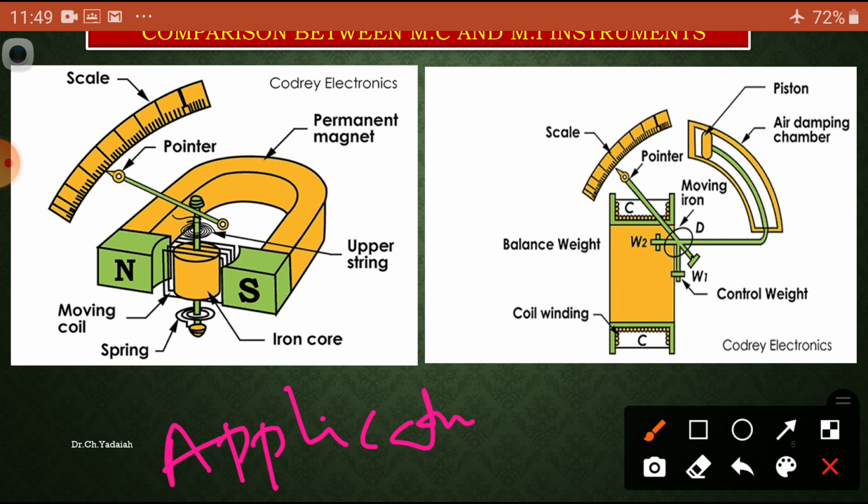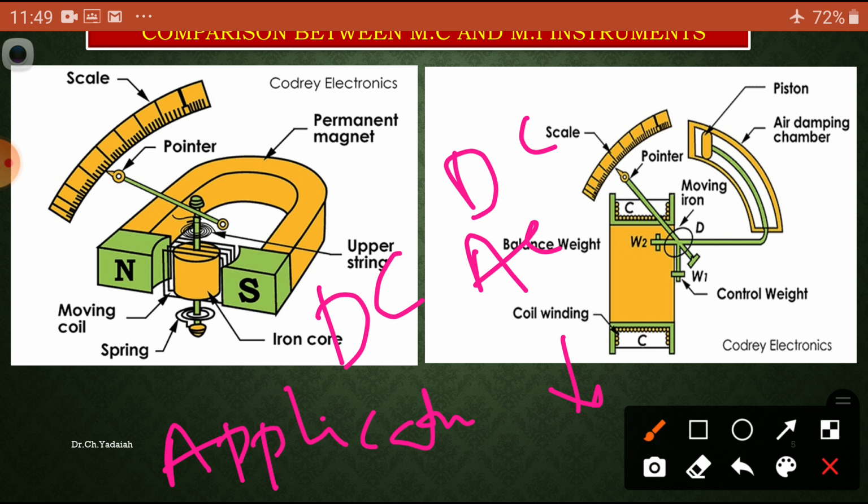That's why, from the application point of view, this one is very sensitive and delicate, so it can be used only for DC. Whereas this is my robust son, who goes to the sports club and the gym daily, so he is robust and can withstand any type of resistance. So I can use both AC as well as DC with this instrument.